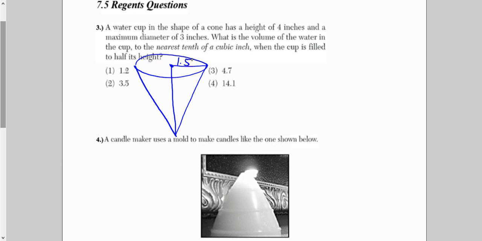But I was after another measurement that changes as well. As it gets wider and wider, what's changing? The diameter. Yes, but the thing we use in the volume formula, the radius, right? Doesn't the radius change as you go up?